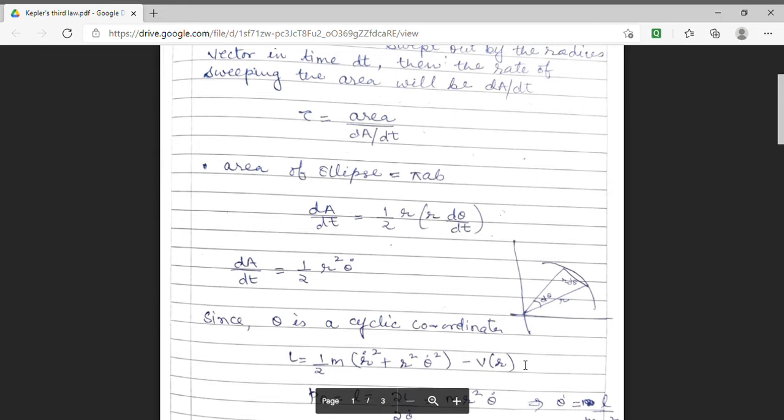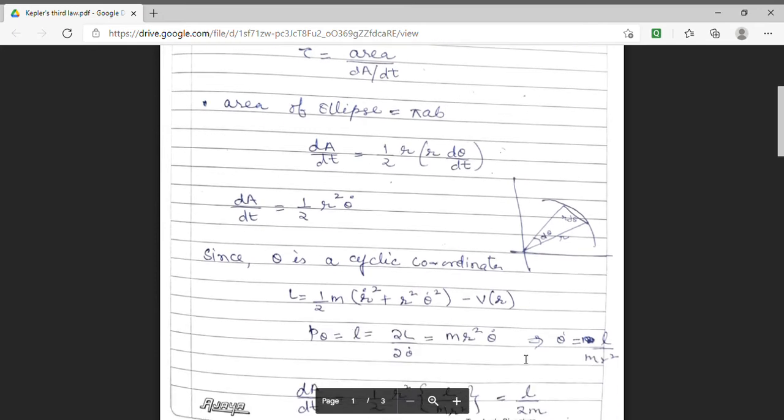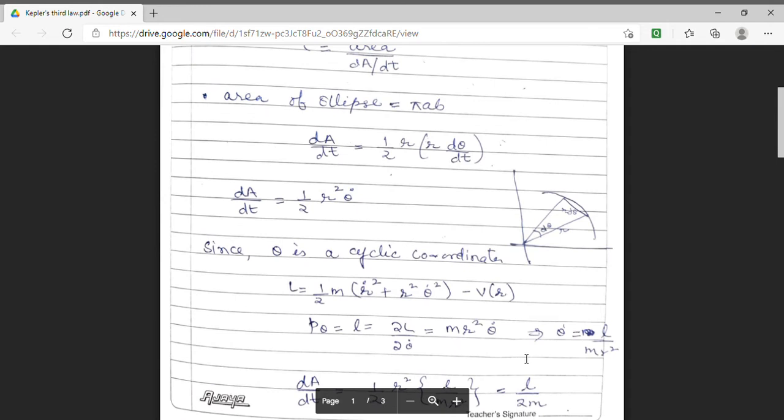Although we have two generalized coordinates r and theta, since theta does not appear, it is cyclic, and the momentum corresponding to a cyclic coordinate is constant.